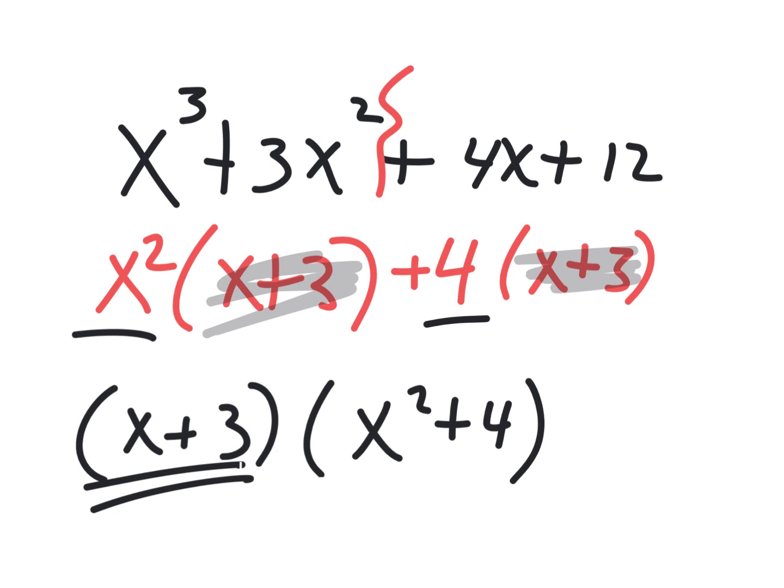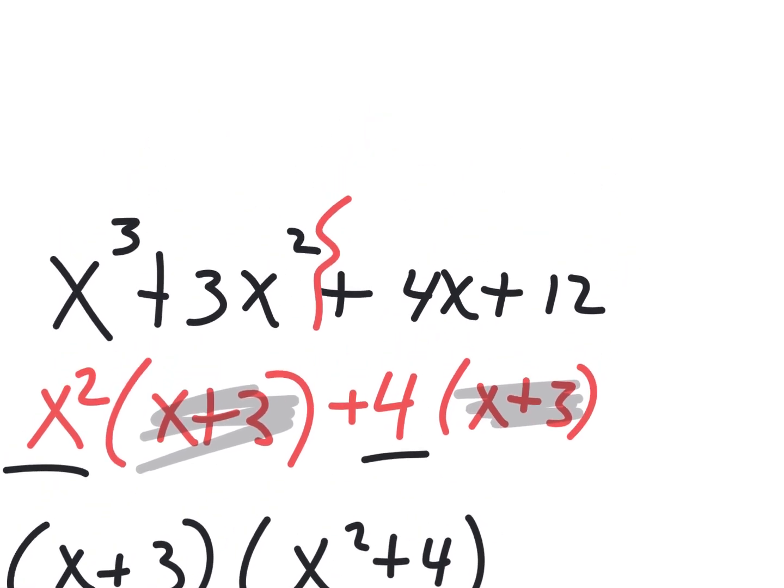Now this brings up an important point. First of all, how many roots are there? If you never caught this in algebra, the fundamental theorem of algebra is that if that is a 3, you have 3 answers. There are 3 answers.